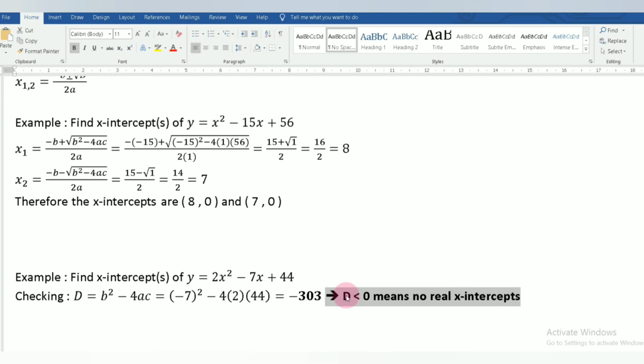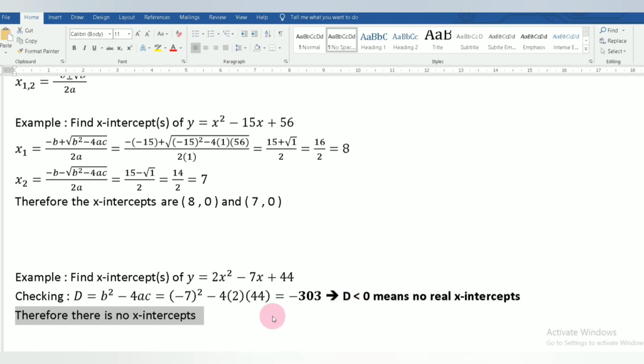It means there are no real x-intercepts, and you don't have to be bothered to find the x-intercepts for now. Later, after we discuss further about imaginary numbers, you will find the values of the x-intercepts, although they don't exist on your graph, but they exist on the imaginary plane.